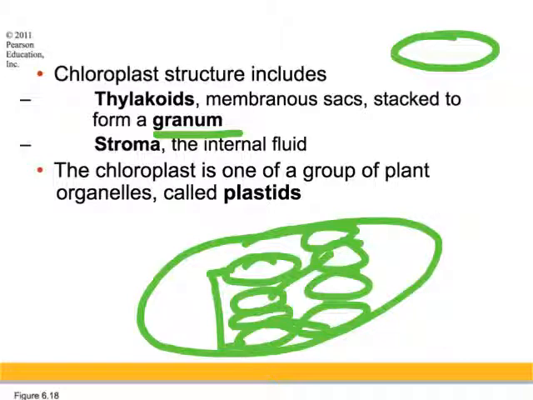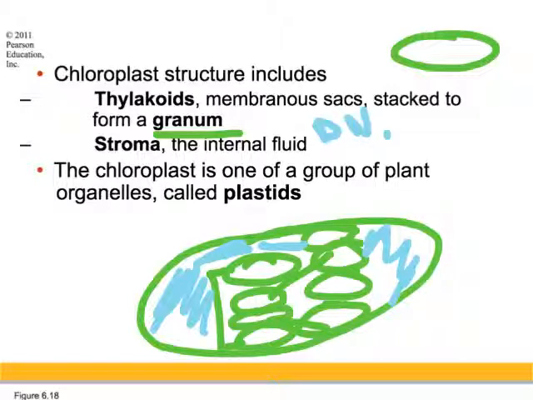And outside of the thylakoids, you have what's called the stroma, and I'm just going to do that in light blue. And this is just an internal fluid, and it contains chloroplast DNA. So, we said that chloroplasts have DNA and so do mitochondria, as well as ribosomes.